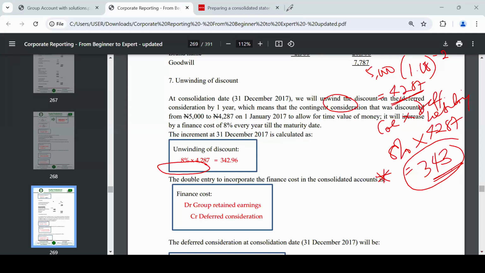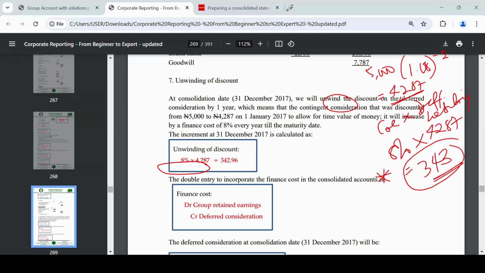You're asking if the treatment for deferred consideration and contingent consideration is the same, right? The last time we did contingent, and we treated it the same way, and now we have deferred, and you're treating it the same way. Yes, it's absolutely the same way. They are different in their definition, but they are not different in how we are going to treat it.